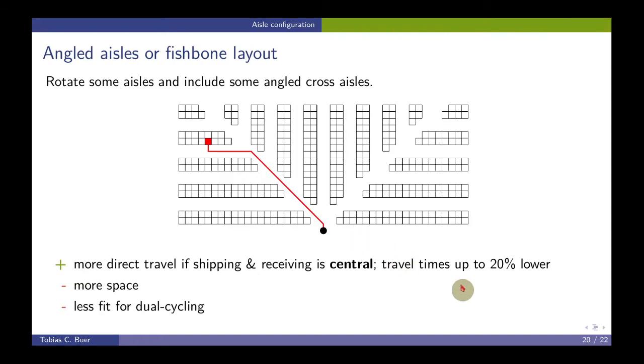Another layout that can improve the labor cost in a warehouse, which is however much less common, is called the angled aisle or fishbone layout.